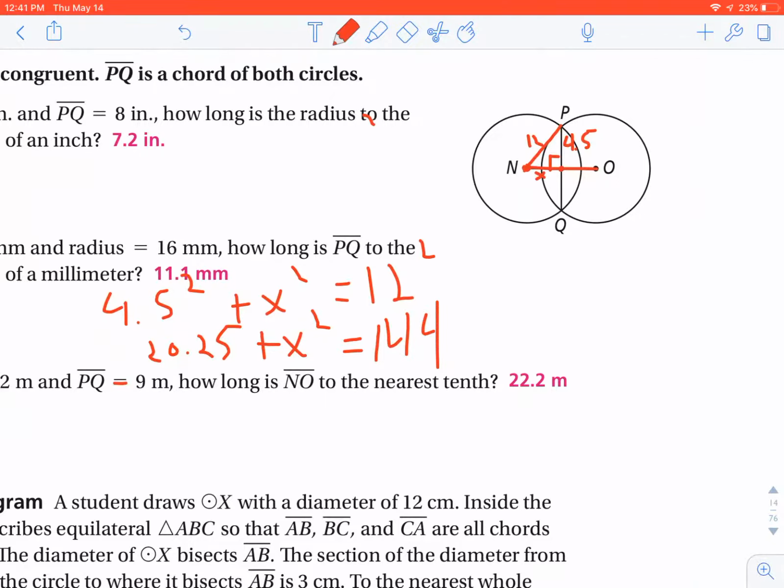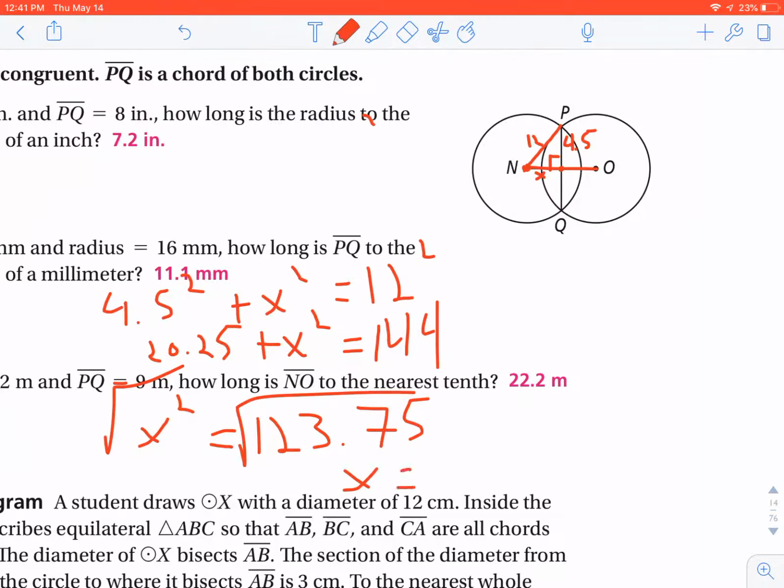When you minus your 20.25 from both sides, you get 123.75. That's what you get when you subtract your 20.25 from both sides. Square root it. When you do that, you get x is equal to 11.1 and some more with a decimal, and then just times that by 2 to get your 22.2.